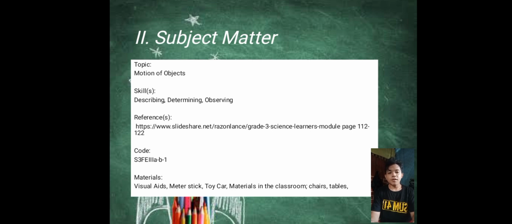This is my reference, which I found online, and the curriculum code. The materials that are going to be used are visual aids, meter stick, toy car, and any other materials in the classroom, such as chairs and tables.